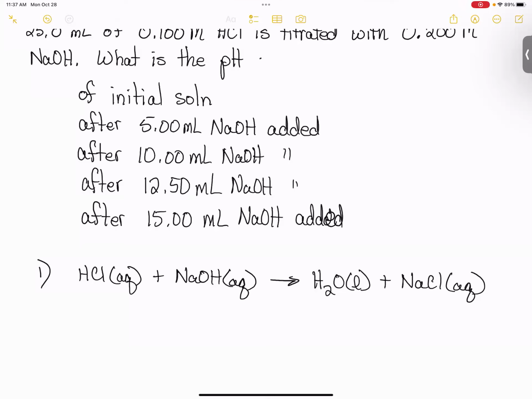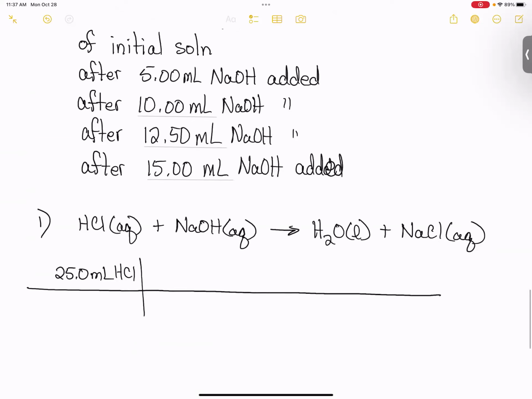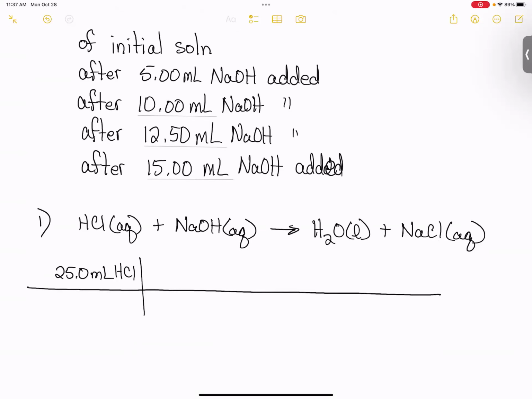First thing we're going to do is figure out the equivalence point. We have 25.0 milliliters of HCl solution, and we're going to convert that into sodium hydroxide. There's 1,000 milliliters in 1 liter.